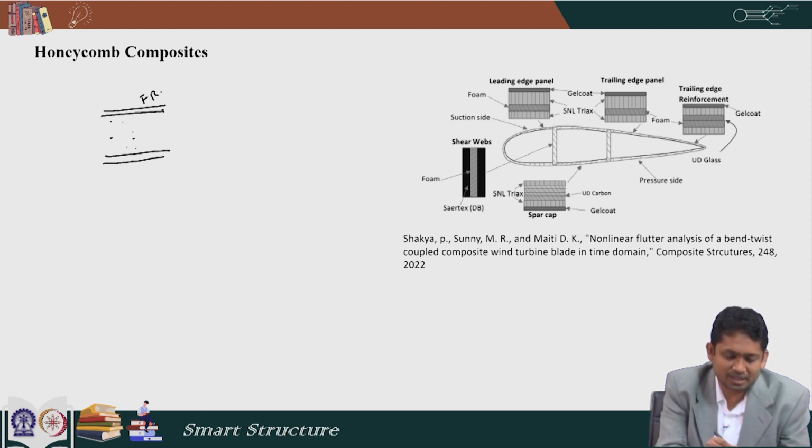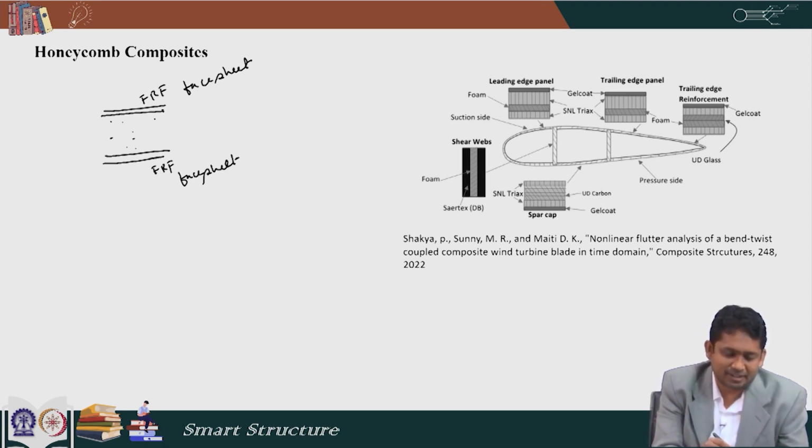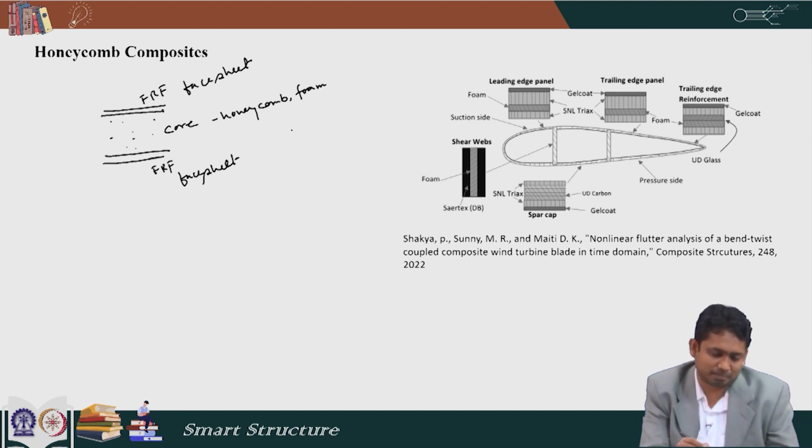So we can see FRP at the face, and they are called face sheets. Again, the face sheet does not always need to be FRP, it can be metal also, and the core can be honeycomb, maybe of aluminum. There can be foam, there can be a cellular core, and so on.